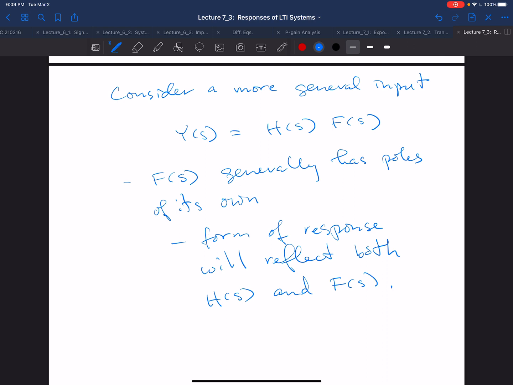But it's particularly important for us to investigate these phenomena, if you like, of natural frequencies of systems, and in particular to understand the effect of the poles of H(s) on the form of the response.